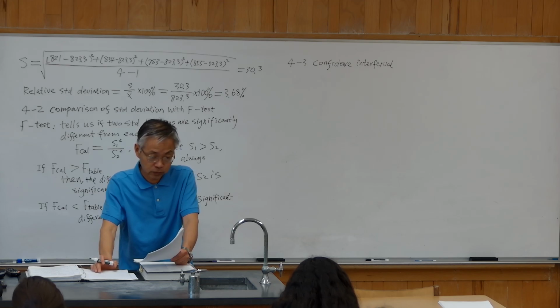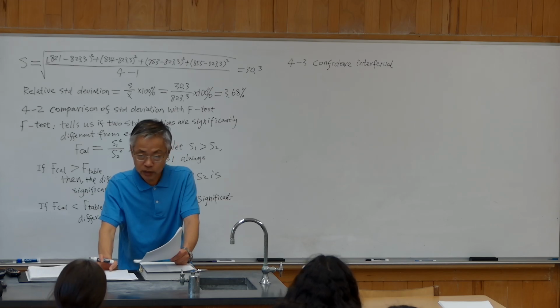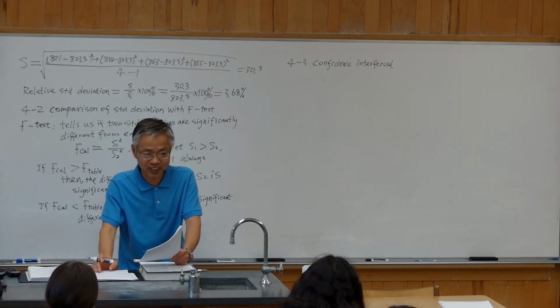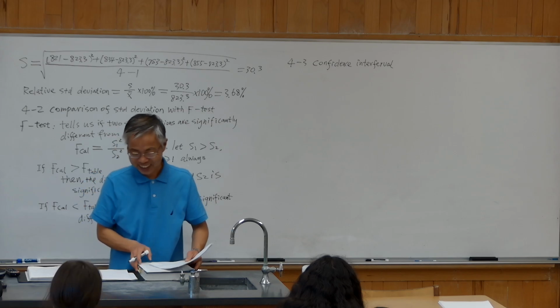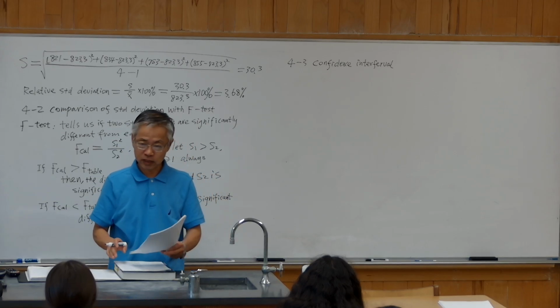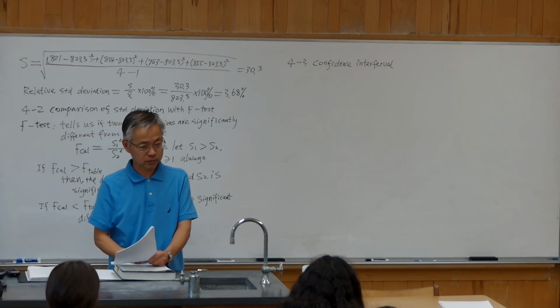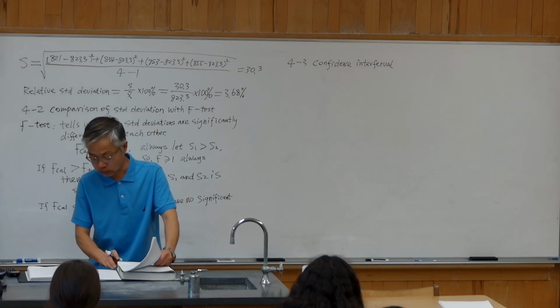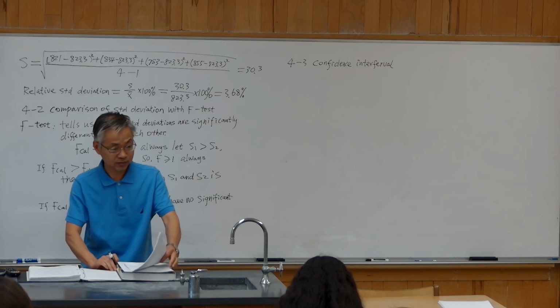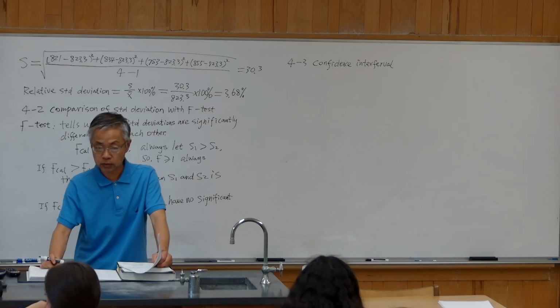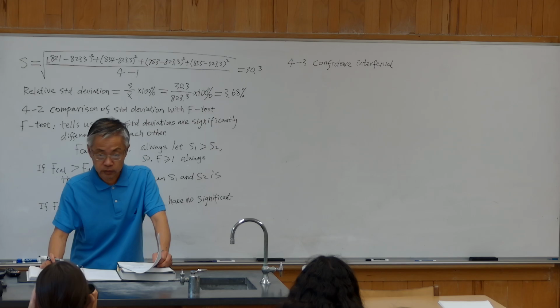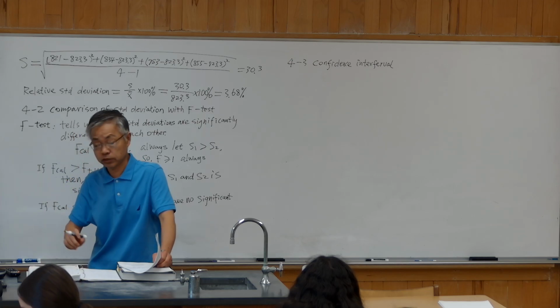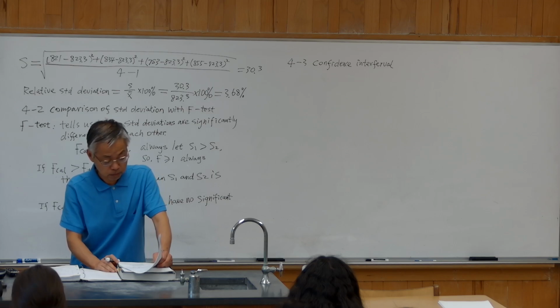Most cases, we repeat 3 times, 4 times, 5 times, maybe 10 times if you have time. But you cannot repeat infinity times. So how can we know the true value? This is the actual true value, nobody knows. So what we get is the average from our measurement.